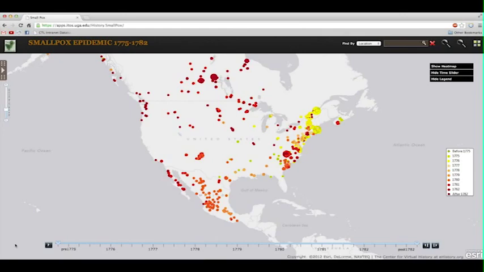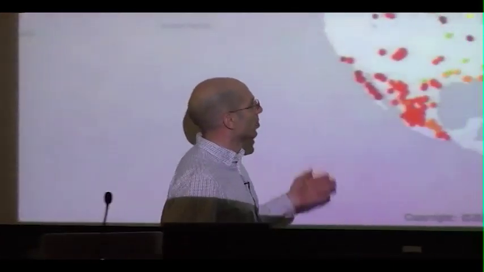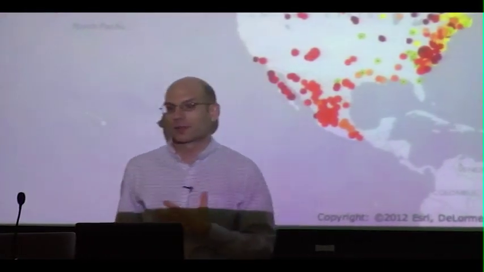We have a lot of records here because there were a lot of literate people writing a lot of records. We can go back and find those. Here we have virtually no records, and you see almost no points, although we can be fairly certain that the epidemic moved through this part of the country too, and I'll talk a little bit about that later.